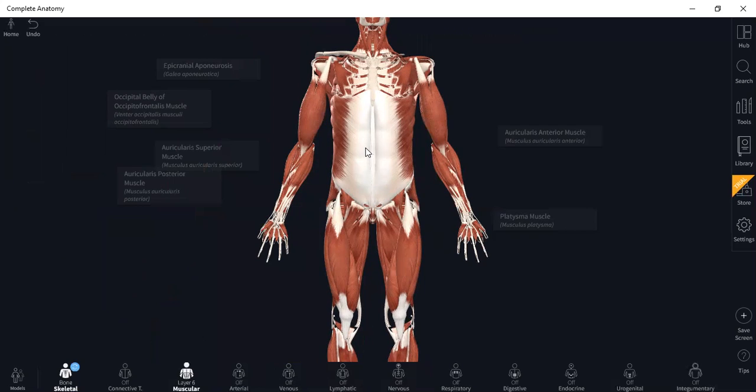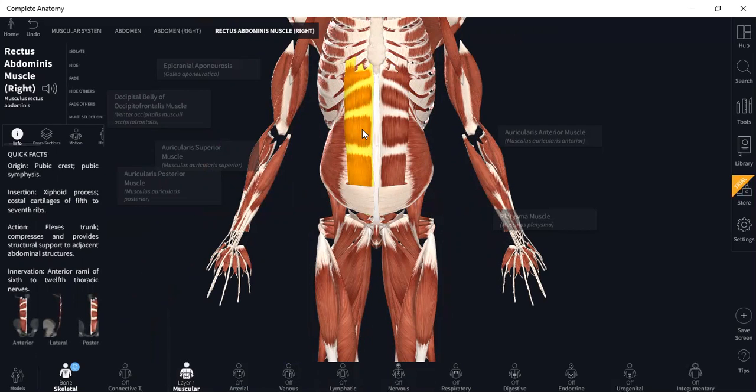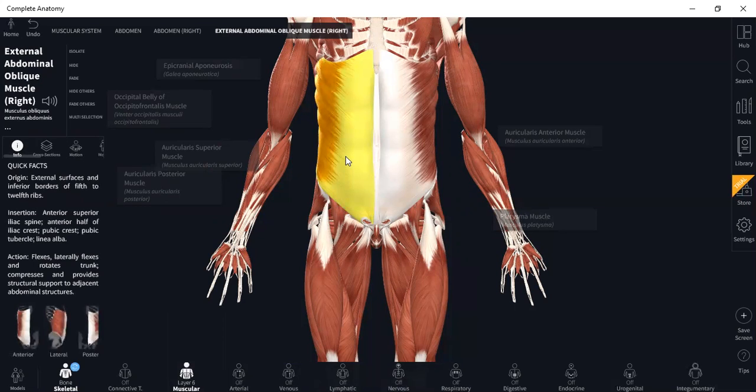We have 4 abdominal muscles. We have rectus abdominis, which is responsible for flexing the trunk. We have the external obliques, which form this V shape.